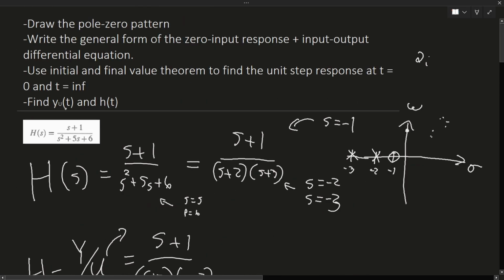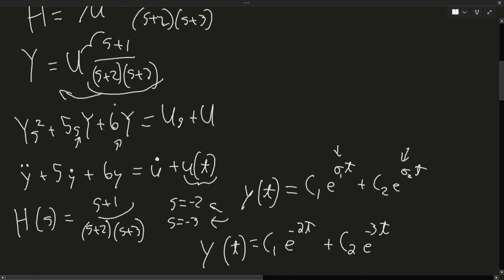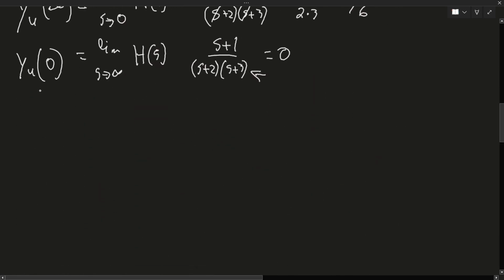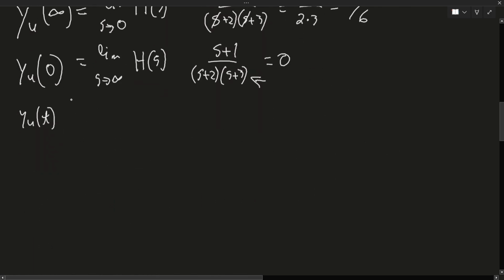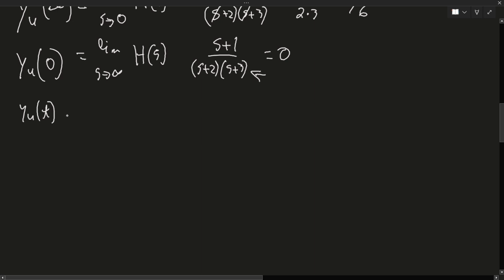So finally, find y of u and h of t. Y of u is your system's response, the unit step response, okay? The unit step response is just a fancy way of saying that your input is just u of t, which is a unit step.